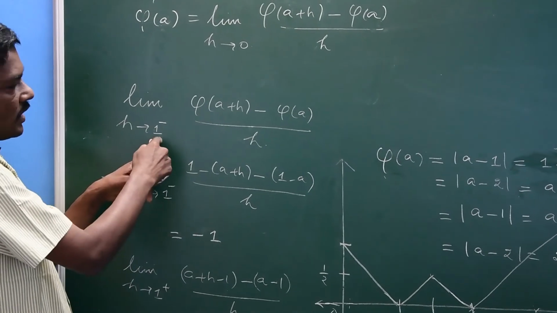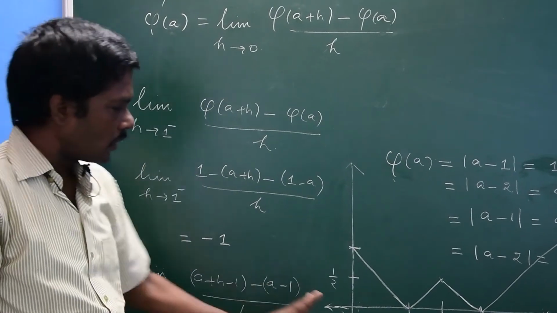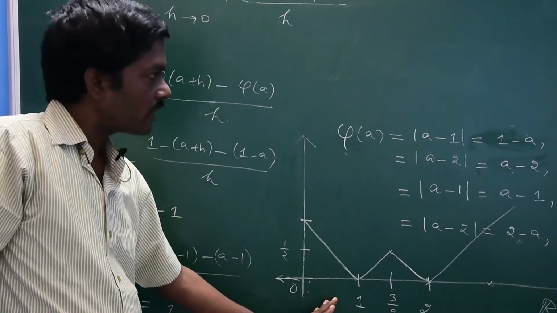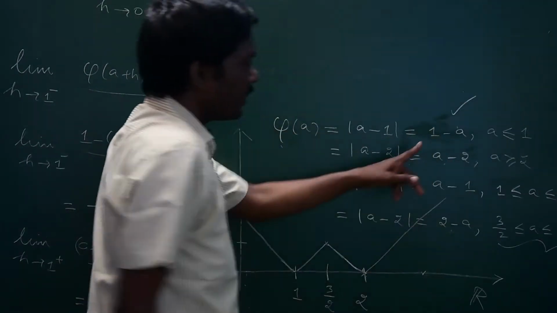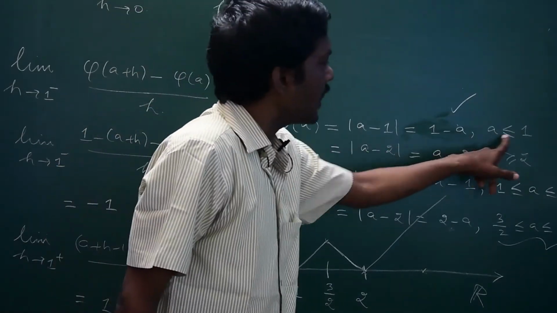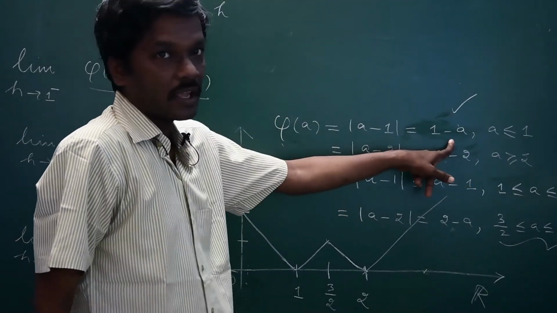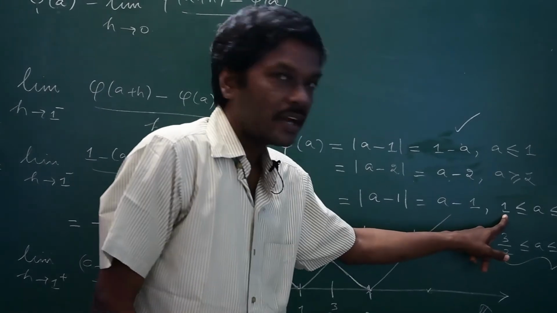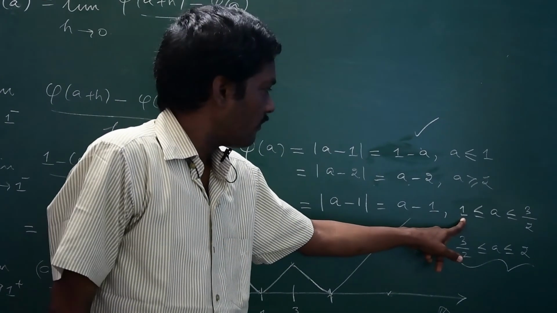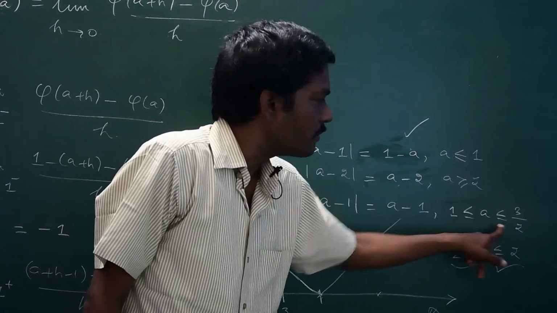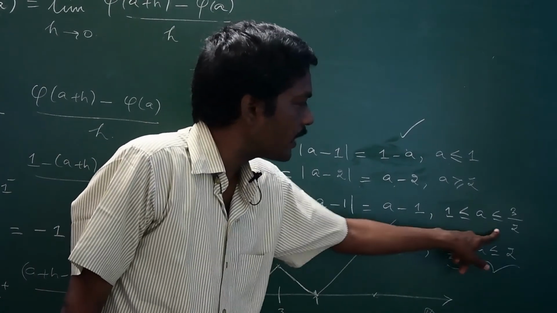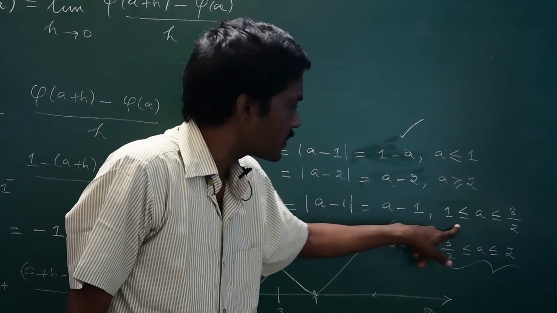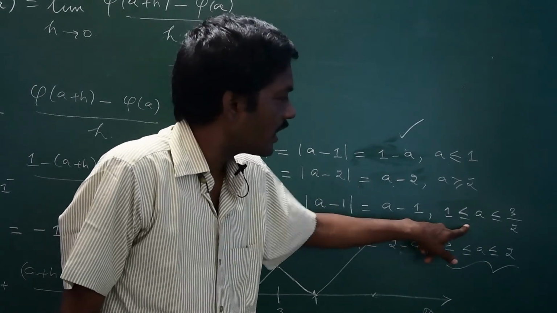When h tends to 1 minus, so to the left of 1, now we take the function to be 1 minus a, because a is left of 1, the function is 1 minus a. And there is a correction, we have made a change here. When a lies between 1 and 3 by 2, this is the function. So please make a note of this domain of a. We have made a correction here.